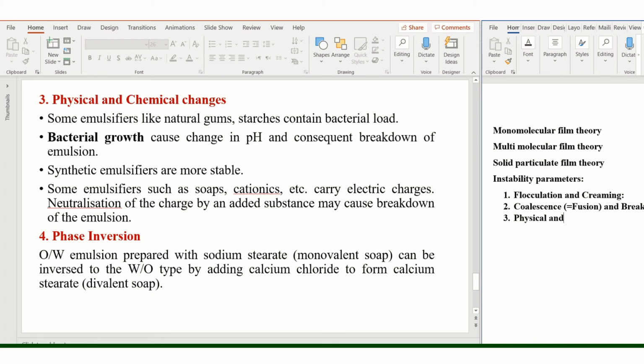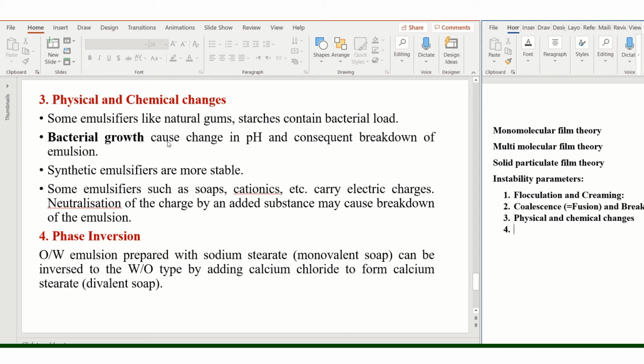And the next one is the physical and chemical changes. The name itself indicates that the agents present in the formulation either improve the stability or decrease the stability.